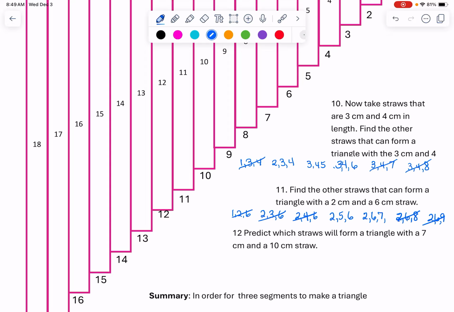When you check a 7 and a 10 out, 7 plus 3 is exactly equal to 10, so 3 won't work, but anything bigger than 3 will.